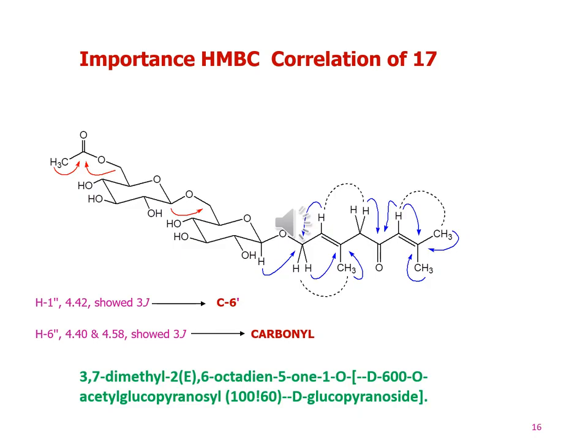On the basis of this evidence, the structure of compound 17 could be elucidated to be 3,7-dimethyl-2E,6-octadiene-5-on-1-oxy, beta-D-6'-O-acetyl-glucopyranosyl-(1''→6')-beta-D-glucopyranoside.